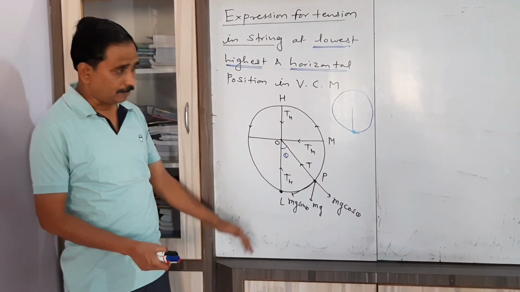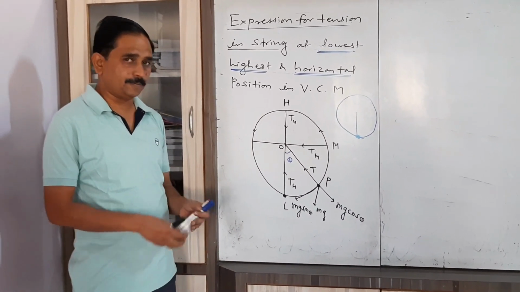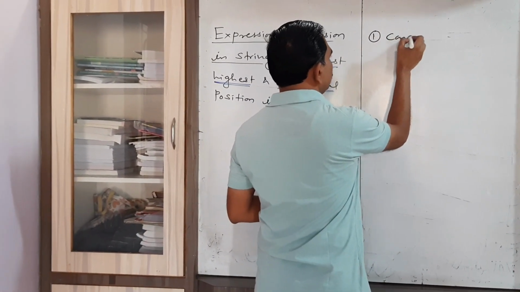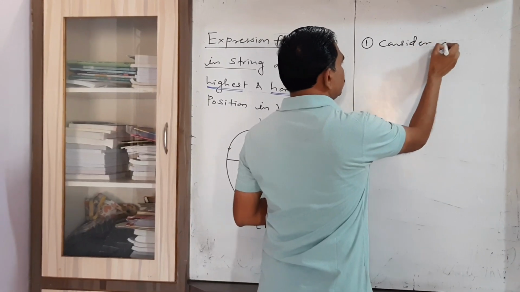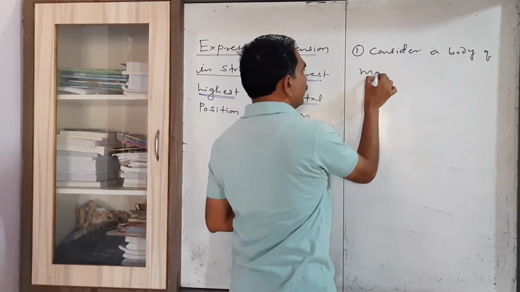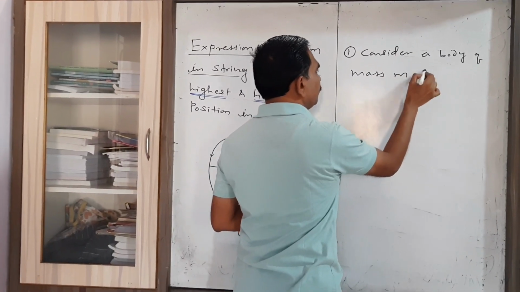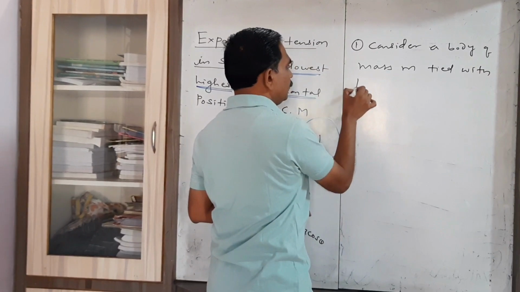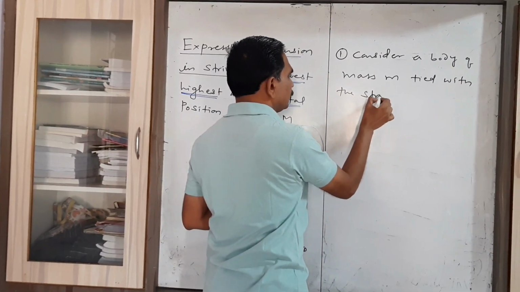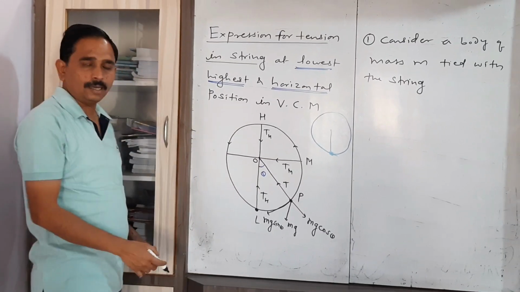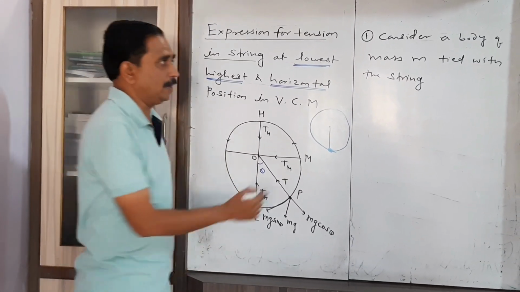Now let us start how we can obtain the expression. For that, consider a body of mass m tied with a string, and it is whirled in a vertical circle as shown in the figure.